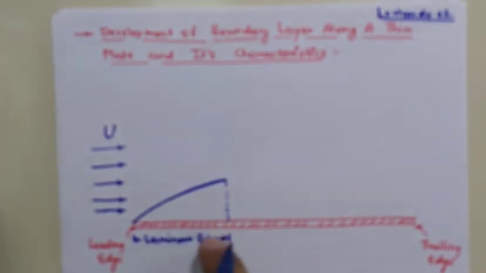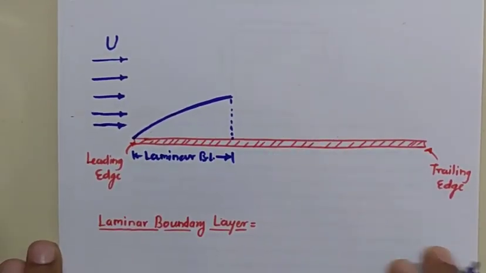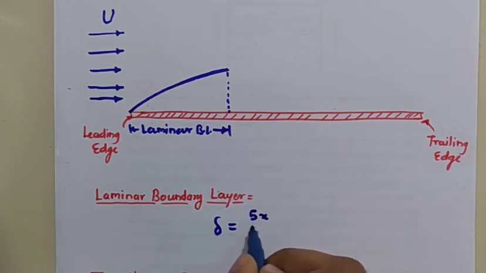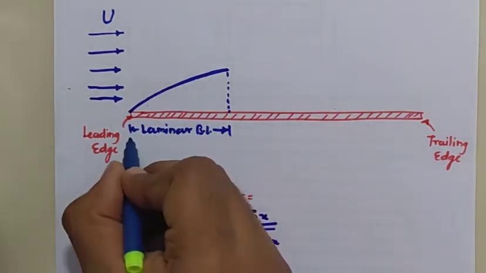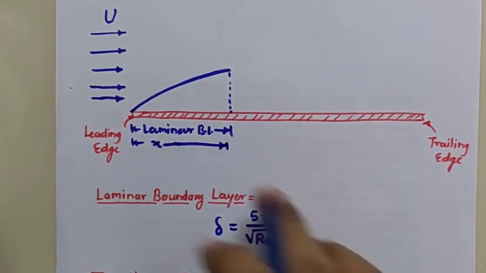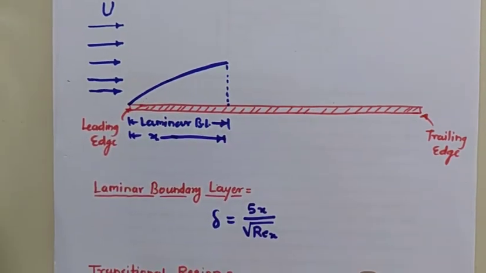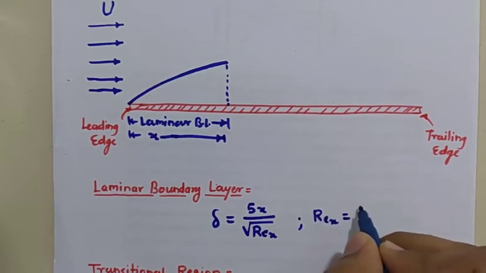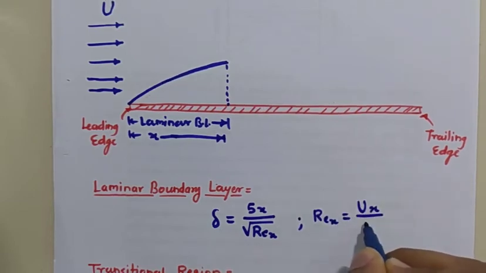The thickness of the boundary layer, delta, is given by Blasius equation. So the thickness of laminar boundary layer is given by Blasius equation, and that equation is delta is equal to 5x upon under root Rex, where Rex is the Reynolds number at a distance x from the leading edge of the plate, and its value is given as Ux upon nu.